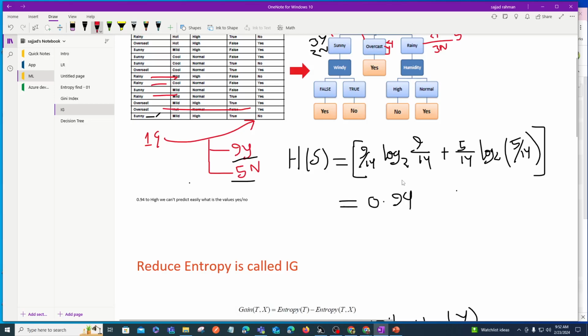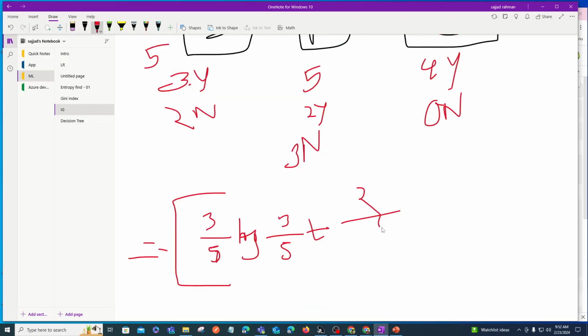This will be a little bit longer, but no worries. Log base 2, and here we can write 2 by 5 log 2 by 5.